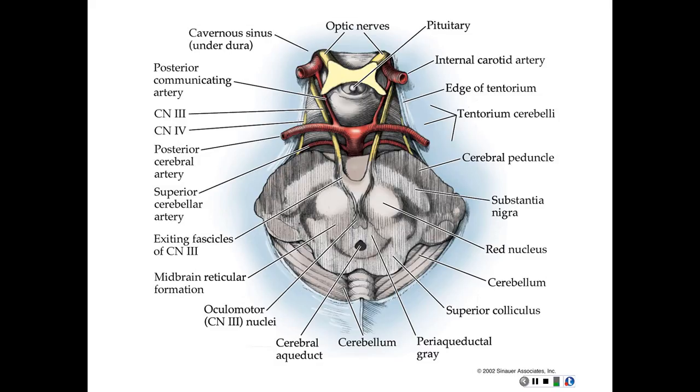Oculomotor has a nerve, which is very cool as well if you want to identify it, passes between the posterior cerebral and superior cerebellar arteries. What is the posterior cerebral artery supplying? The primary visual cortex. And for the superior cerebellar, it's enough for me if you just say the cerebellum.